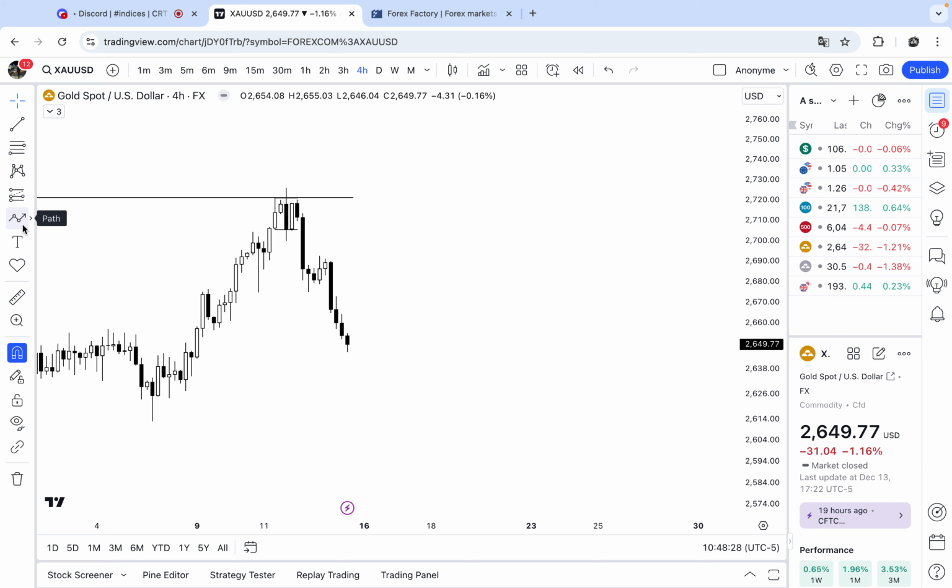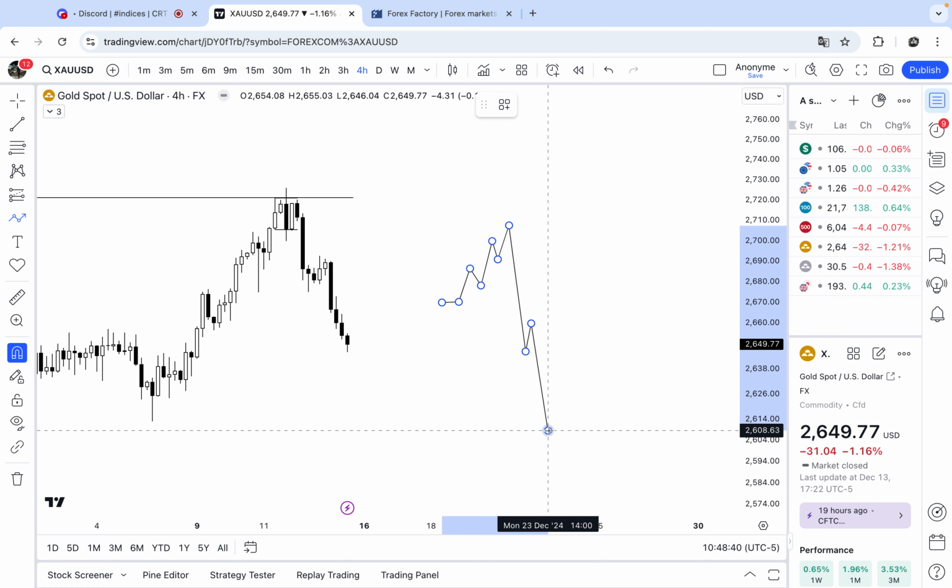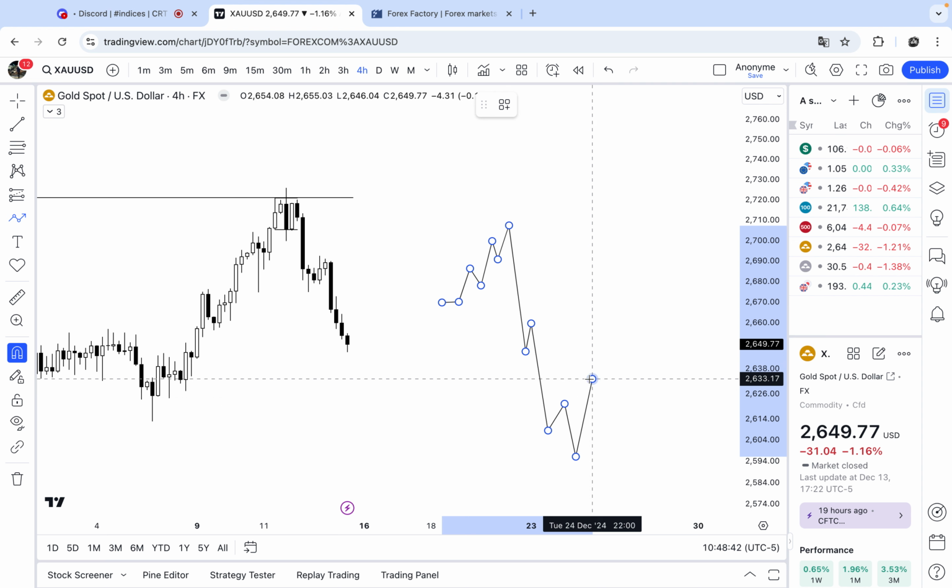This is, for example, a weekly candle. You got the open. We gonna make the high of the candle, and then we're gonna make the low of the candle, and then we're gonna close, right?